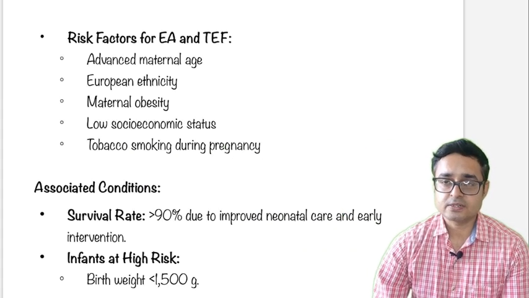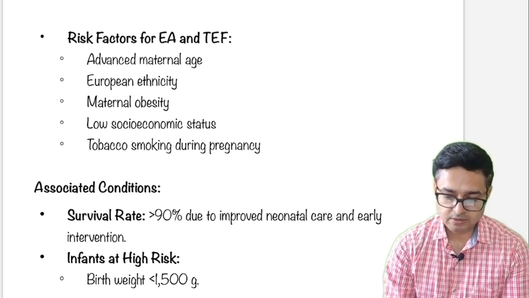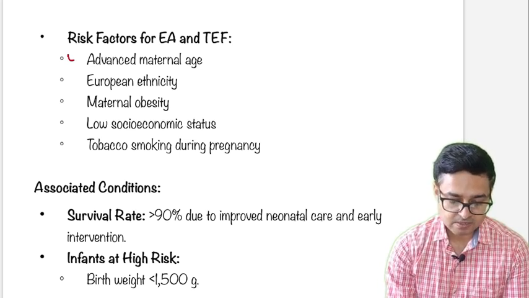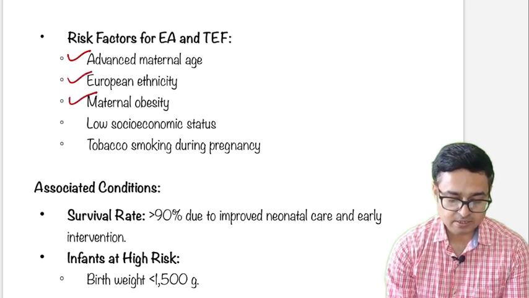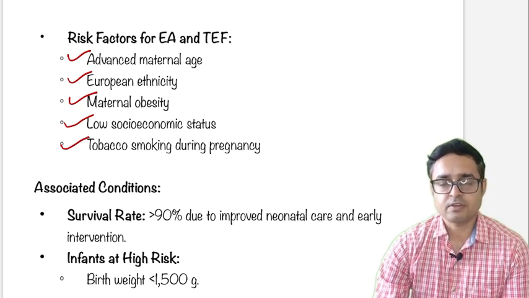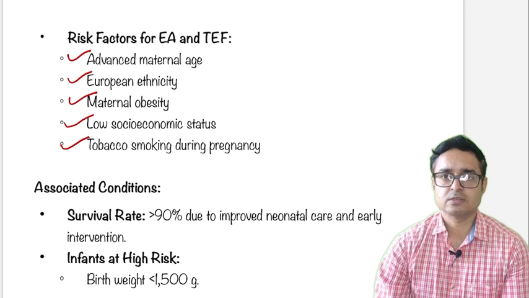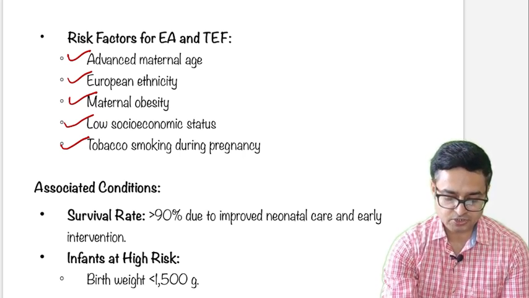So, my dear friends, what risk factors do you have to remember? Advanced maternal age, European ethnicity, maternal obesity, low socioeconomic status, and tobacco smoking during pregnancy. These are non-specific, but they are associated with tracheoesophageal fistula, or esophageal atresia.